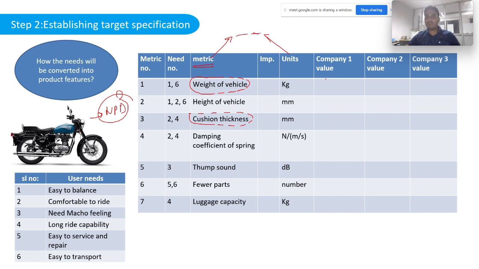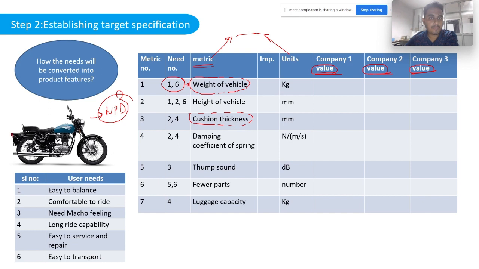We'll try to figure out what sort of values the competitors are capturing in solving these issues. I already told you previously that multiple needs can be satisfied with a single specification. Similarly, multiple specifications also can fit a single need.